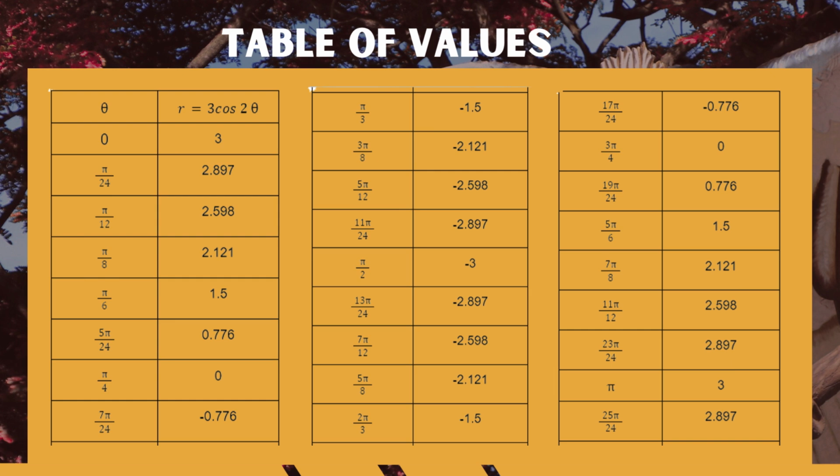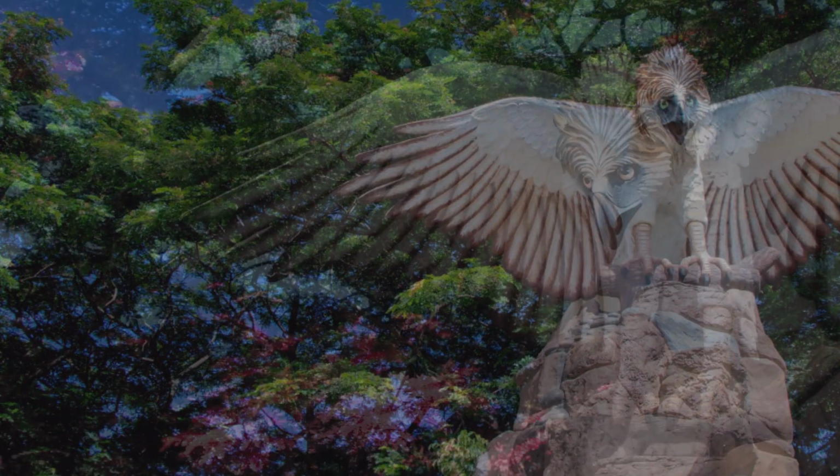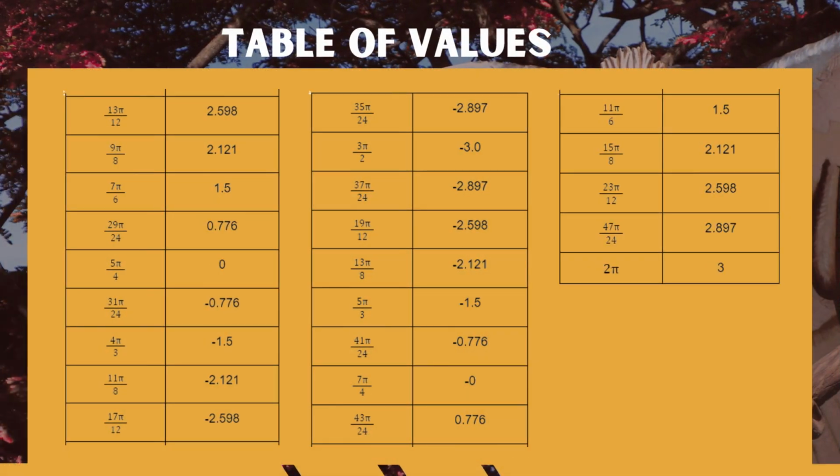If 25 pi over 24, we get 2.897. If 13 pi over 12, we get 2.598. If 9 pi over 8, we get 2.121. If 7 pi over 6, we get 1.5. If 29 pi over 24, we get 0.776. If 5 pi over 4, we get 0.